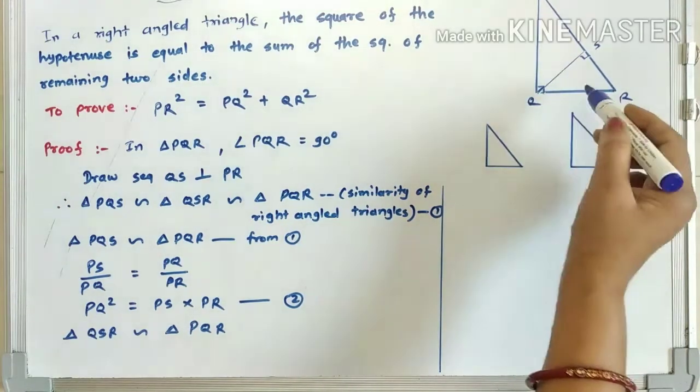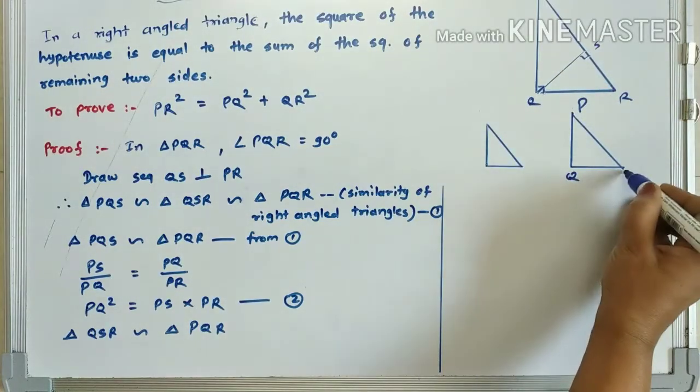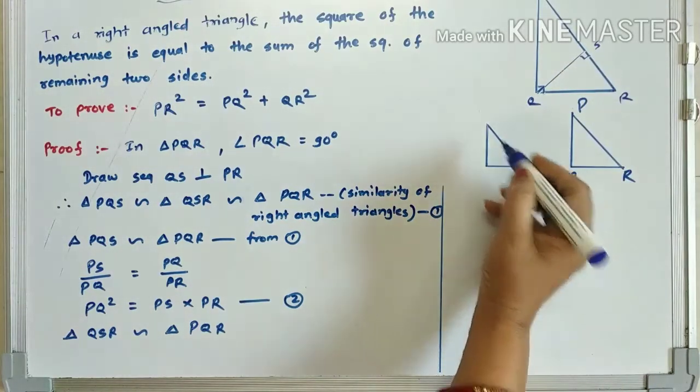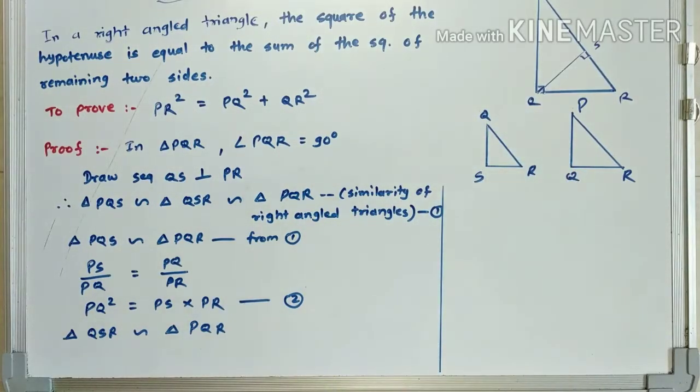Now I will separate these two triangles, PQR and this small triangle QSR, for our convenience. Two triangles are separate, therefore their corresponding sides are in proportion.